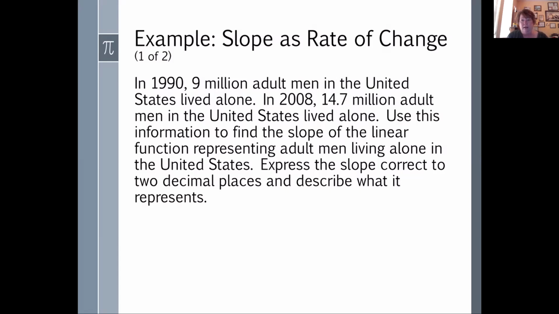So they're telling us that the function that's describing this situation is a line, it's linear. Use this information to find the slope of a linear function representing adult men living alone in the United States. Express the slope, correct to 2 decimal places, and describe what it represents.